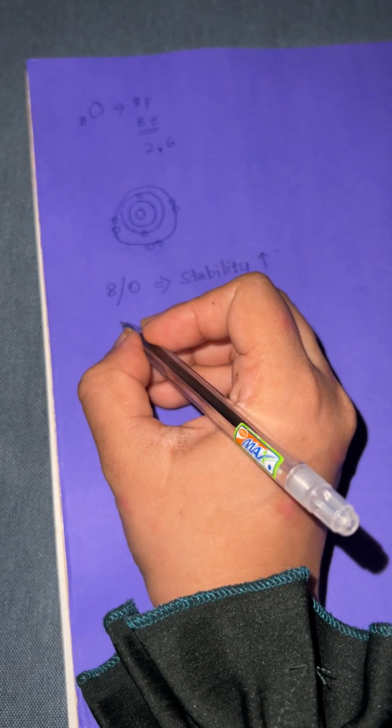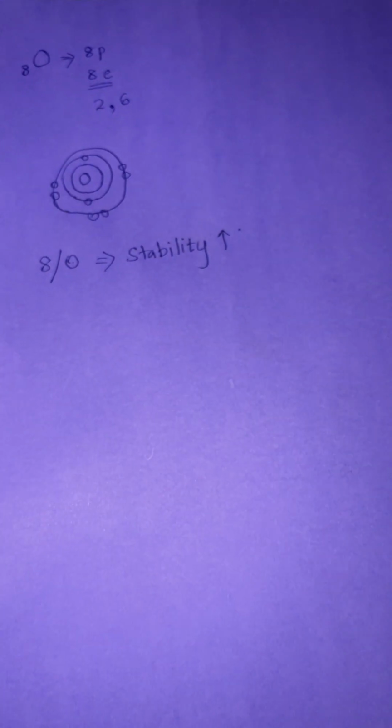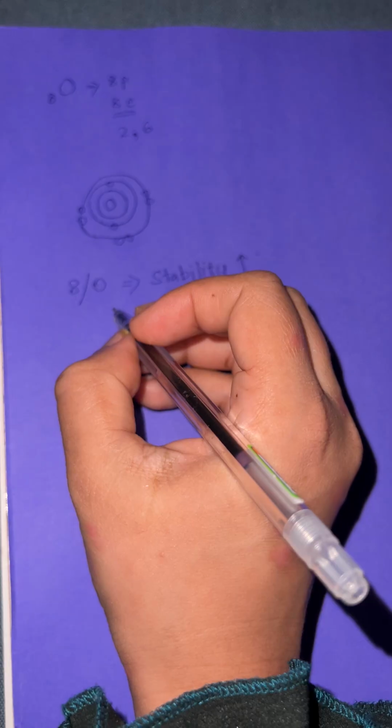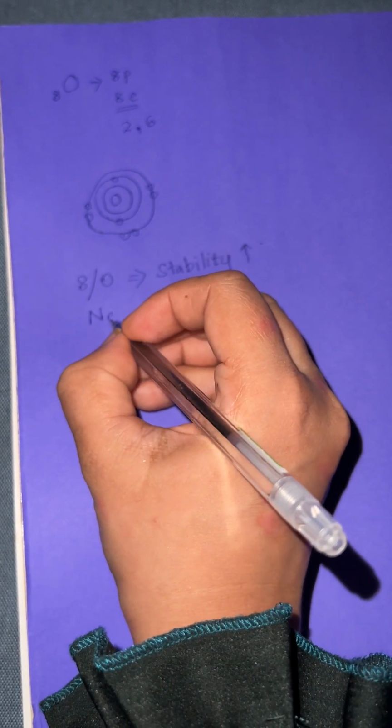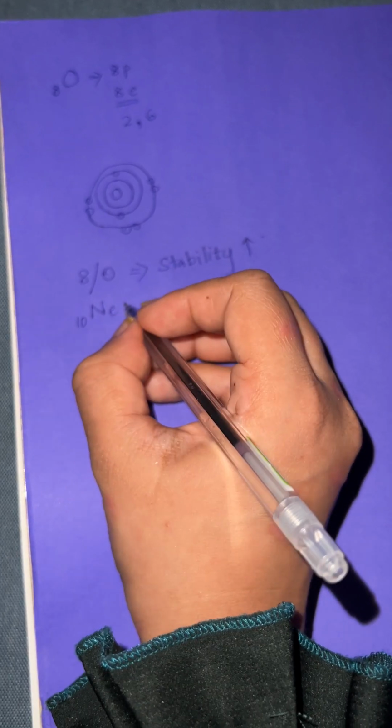We'll take a member from group 8. A common example is neon, with atomic number 10.